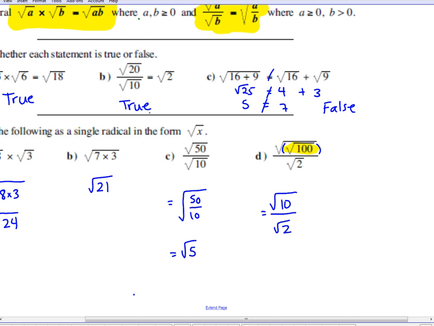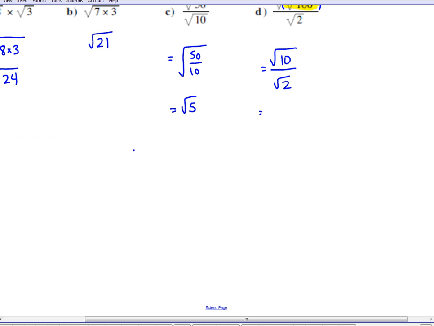So one of the square roots is gone, the other is still there. Now what can we do? Under one radical, and what's that equal to? Square root of that.